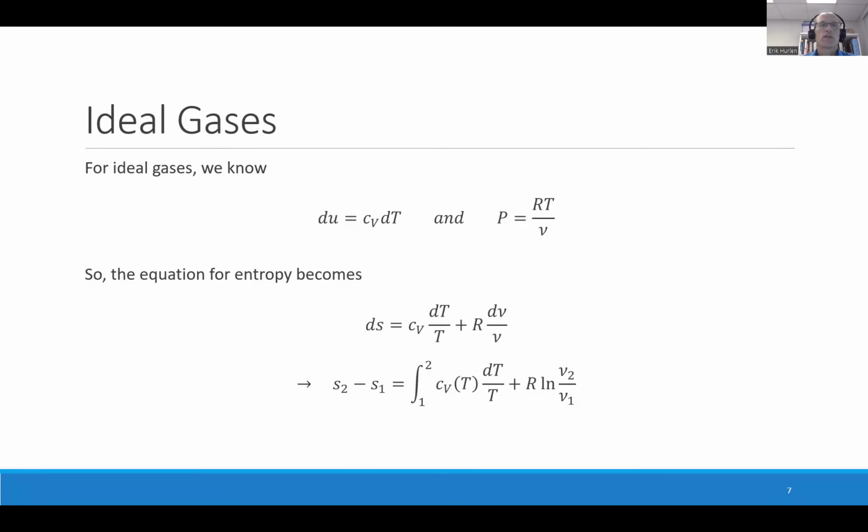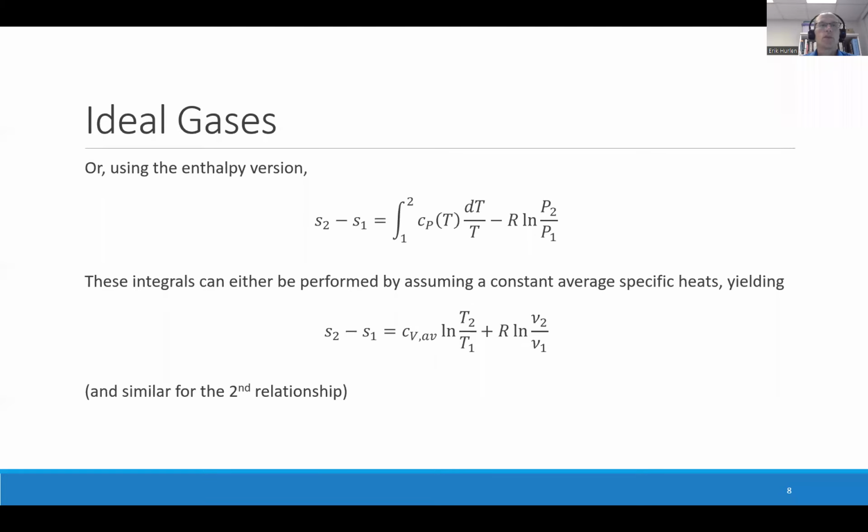So integrating, the change in specific entropy is given by S2 minus S1 equals the integral from 1 to 2 of Cv dT over T plus R times the natural log of v2 over v1. We could have also used the enthalpy version rather than the energy version, which gives S2 minus S1 equals the integral from 1 to 2 of Cp dT over T minus R times the natural log of P2 over P1.